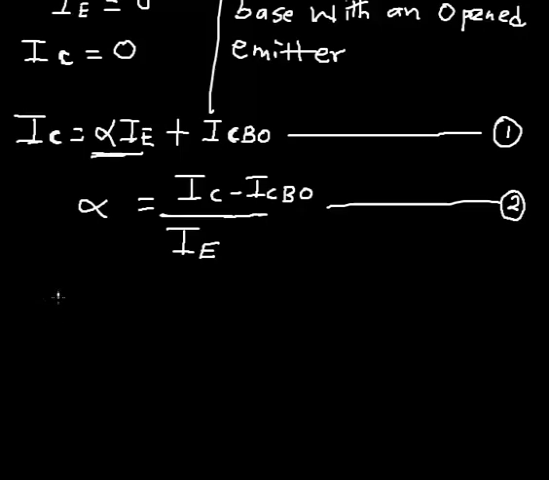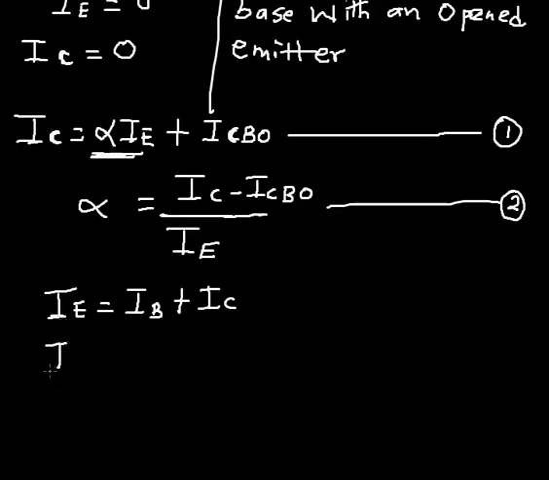We already know that in a transistor the emitter current is equal to the base current plus the collector current, knowing quite well that the collector current is equal to alpha IE plus ICBO. So I have to do the substitution.